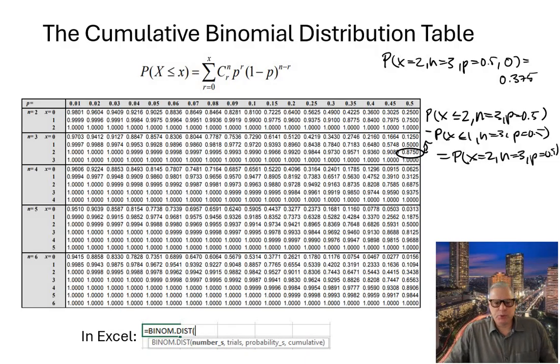Anyhow, I will not use those tables too often because we're in the 21st century and we can use Excel, and again the formula is binom.dist, but you should have seen such tables.